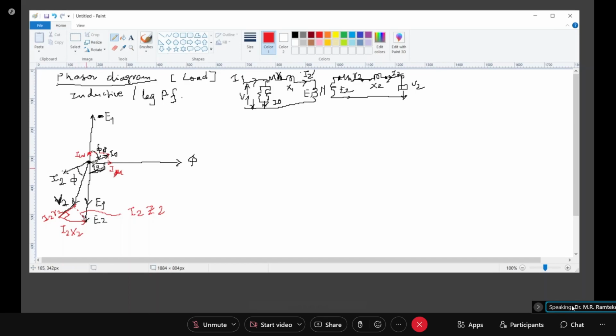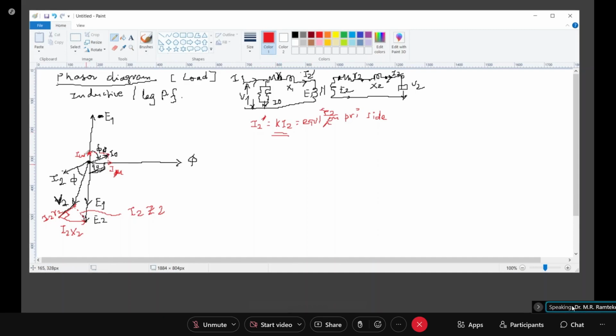Now we have to find I2 dash. I2 dash is KI2, that is equivalent on primary side. It's equivalent of secondary current, equivalent I2 on primary side. Clear? That is denoted by the I2 dash. And how do you get? It is by KI2.